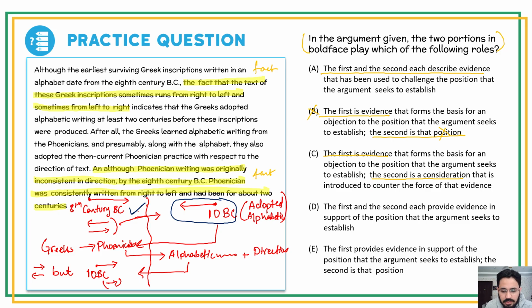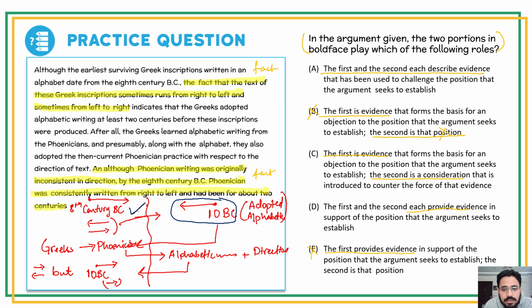Okay, fine, I'm not going to eliminate it. E says the first provides evidence, the second is a position. So B and E go out of the window then and there. They cannot be correct because they're not even classifying the two boldfaces correctly to begin with. Okay, fair enough.